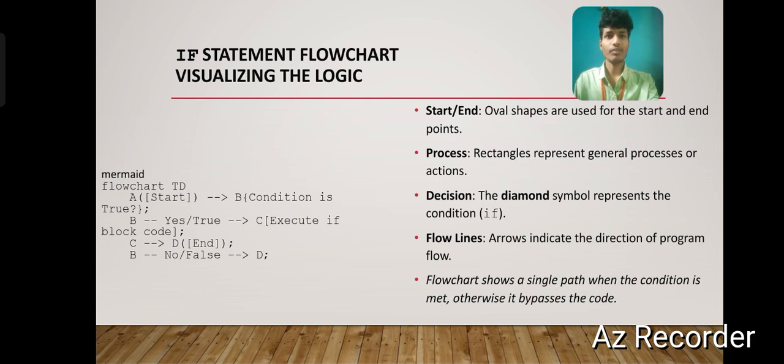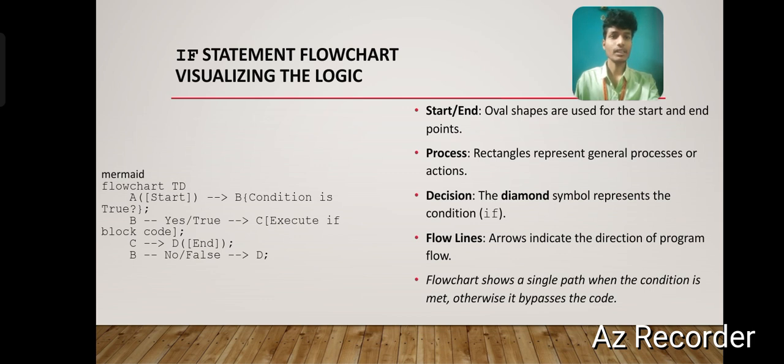If statement flowchart: visualizing the flow logic. Mermaid: flowchart TD: A, B condition is true, B yes true, C execute if block code, C leads to D end, B no false, D. Start/end: oval shapes are used for the start and end points.